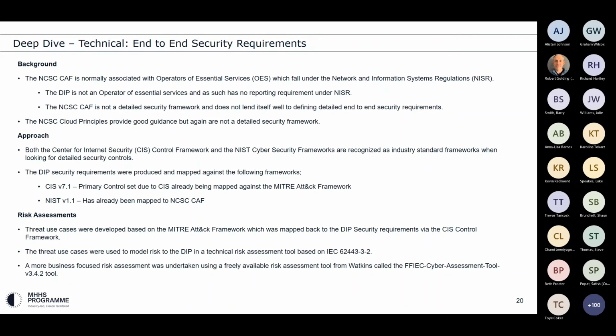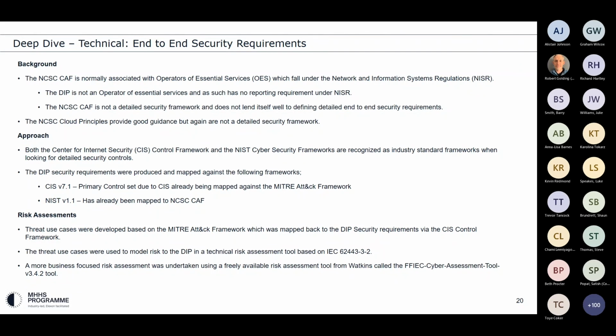So that's the approach we're taking, and the risk assessments, as I touched on there, I built a number of threat use cases that were used in the risk assessment, which were unmitigated risks, along with threat actors, primary and secondary vulnerabilities.